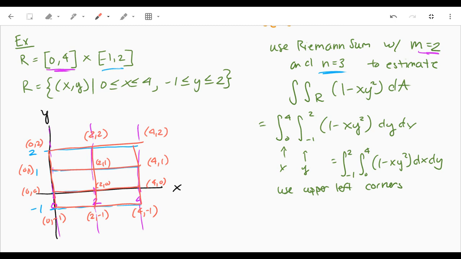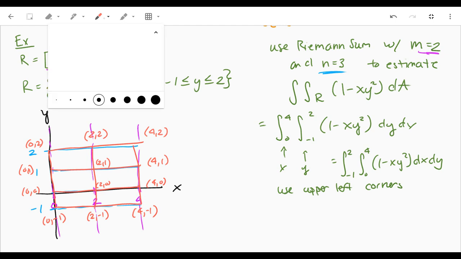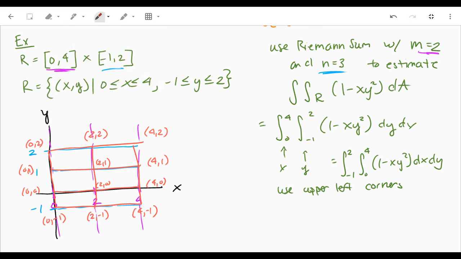Okay, so you have to think about that there'd be a surface above this. So think about your rectangular prisms coming out of the screen. And make sure too, we only need to do the upper left corners. So we will be estimating the rectangular prism with this base using the height that we get from that corner.